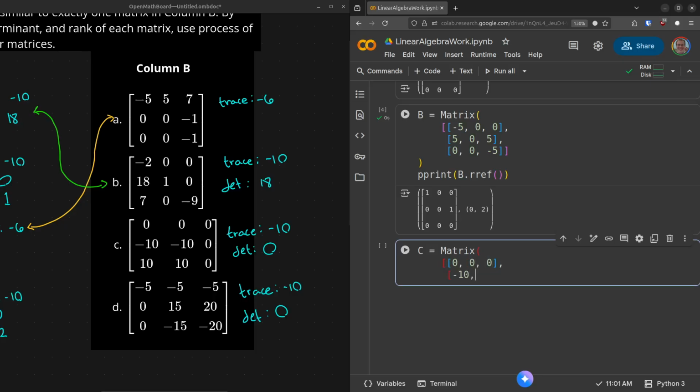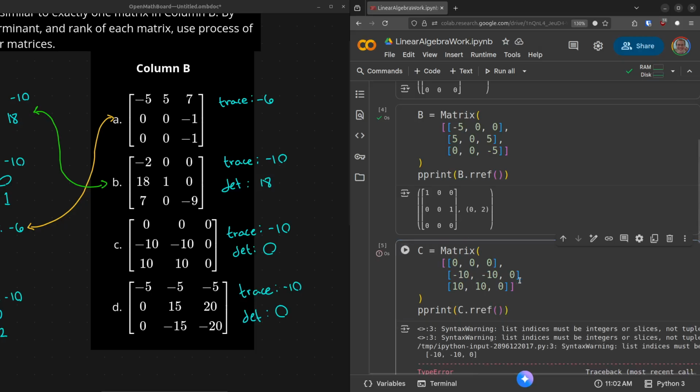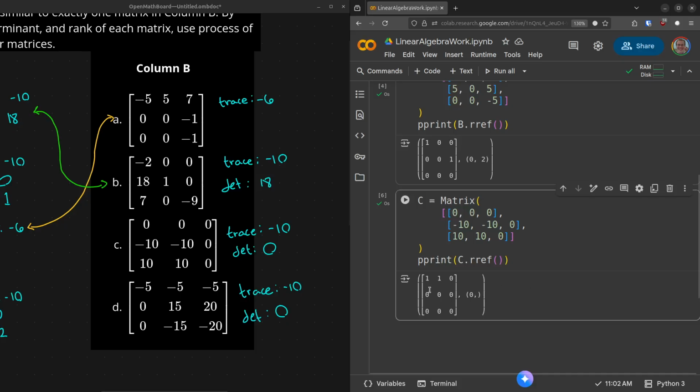Second row, negative 10, negative 10, 0. Third row, 10, 10, 0. Find the reduced row echelon form of C. I did it again. Don't forget your commas. I have one non-zero row in the matrix. The rank is 1.